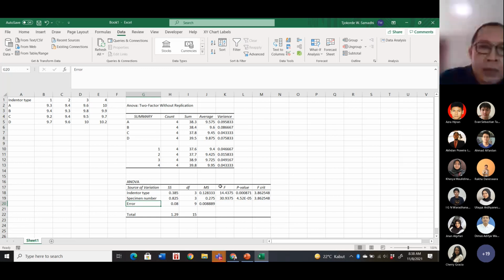That's the sum of squares, degrees of freedom. MS is, of course, SS divided by DF. And F, this one is MS indenter type divided by MS error.